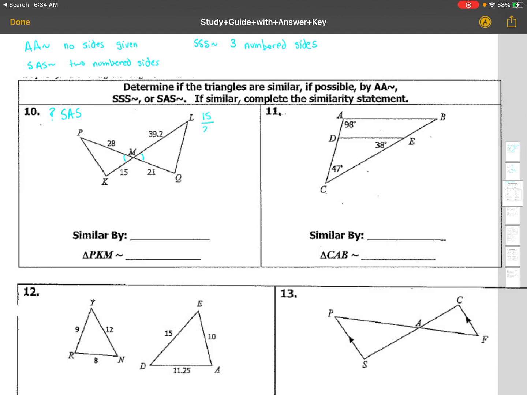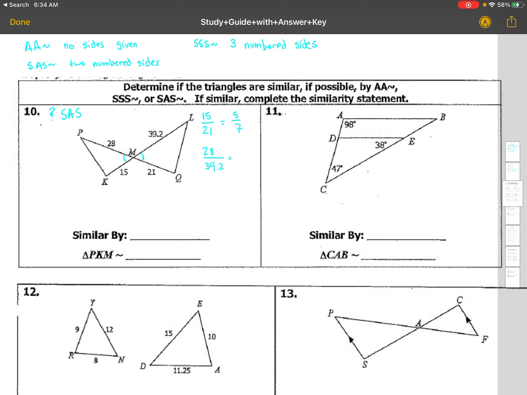So all we need to check is if the ratio of 15 divided by 21, which simplifies to 5/7, is the same as 28 divided by 39.2, which I actually don't know.